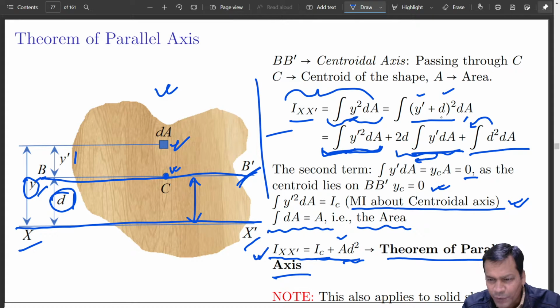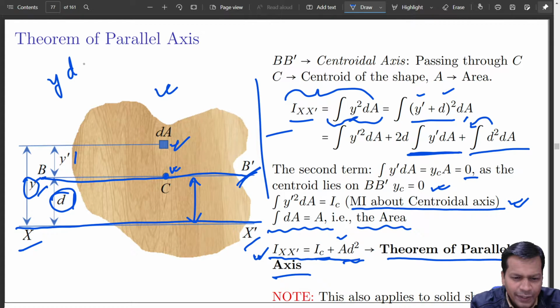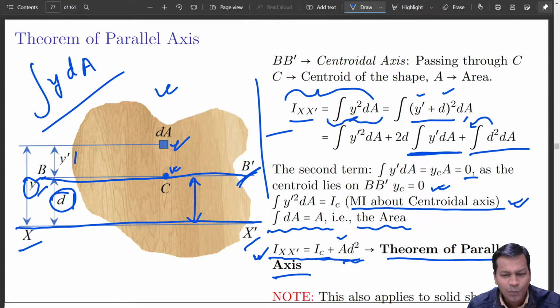Second term, this term, no? Okay, I'll tell you. What is this actually? Just look closely at what this is doing. This is the integral of y dA. If you remember, this is moment of area.